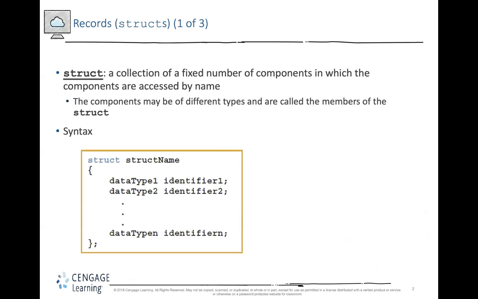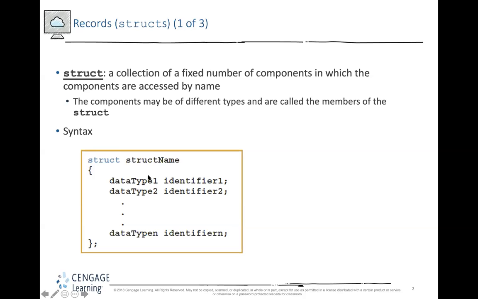Let's take a look at a little more detail. Some people may call structs records, which is kind of an old name. Anyway, struct is short for structure. In C++ you notice a lot of the names are shortened, which saves some typing when you program. A struct is a collection of a fixed number of components, or member variables, that are arranged in memory together.